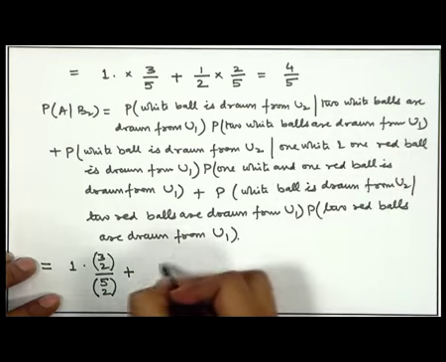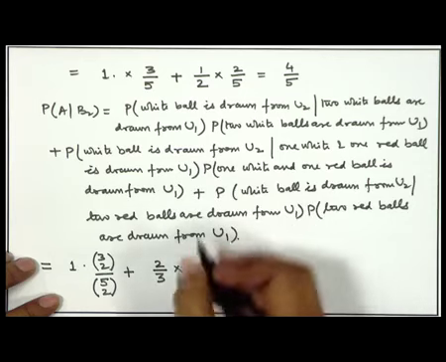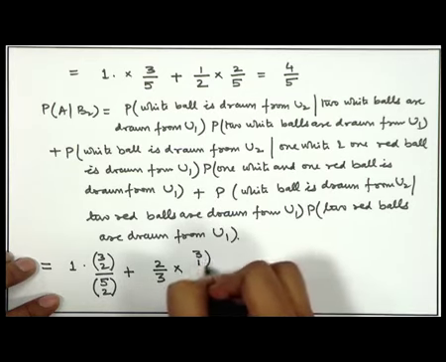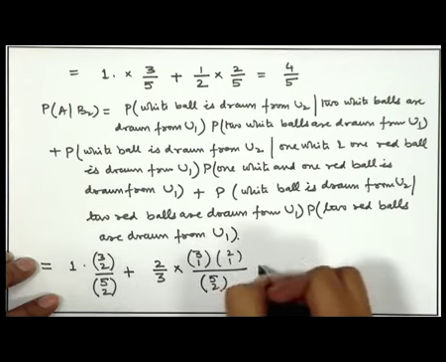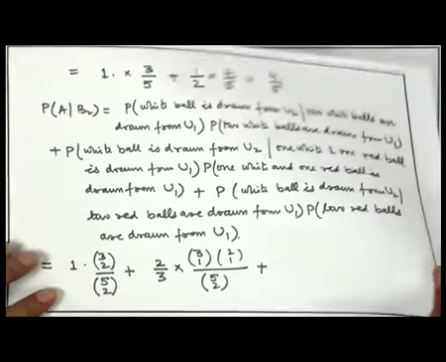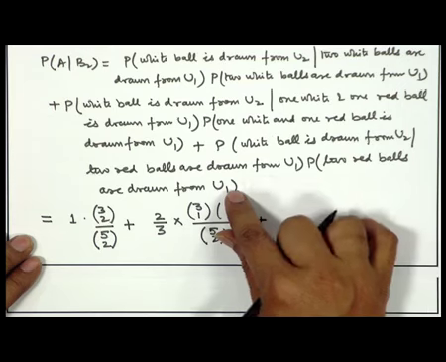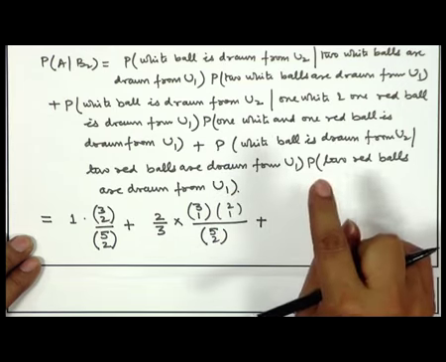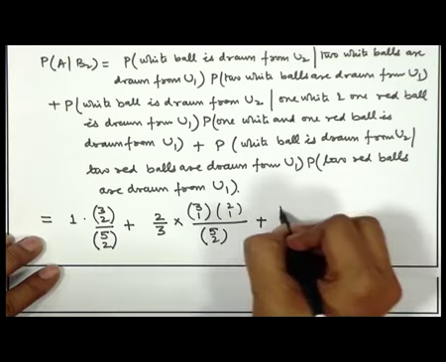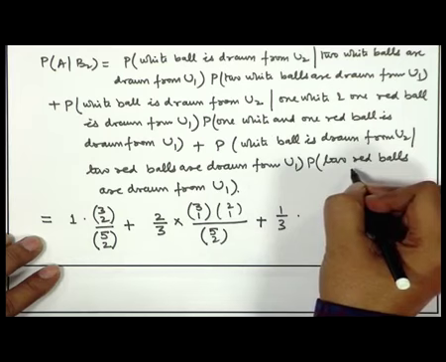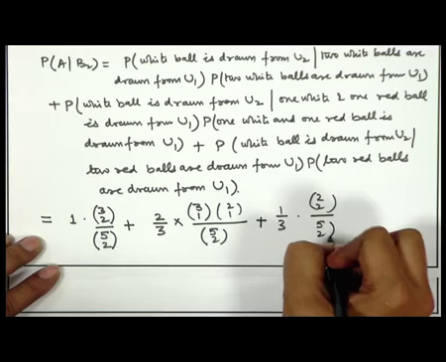So, the probability of drawing a white ball will become 2 by 3, and the probability of this possibility will be 3C1 × 2C1 divided by 5C2, plus the next one: 2 red balls are drawn from U1 and put into U2. Then U2 has 1 white and 2 red balls. So, the probability of drawing a white ball will become 1 by 3, and the probability of this choice will be 2C2 divided by 5C2.